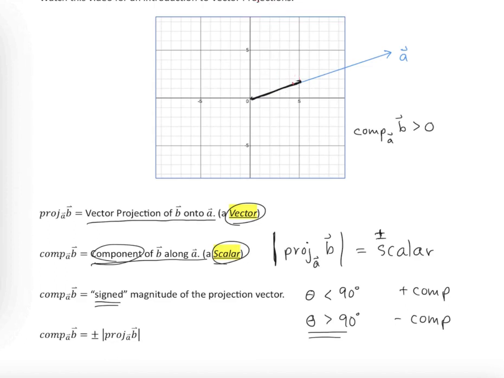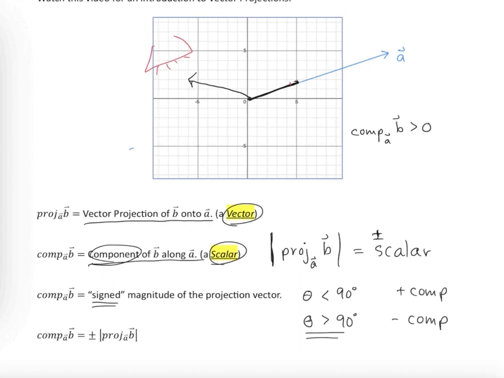But if our vector B was, say, out here, the projection would still be casting a shadow down onto the tip of B. But since A isn't in this direction, we would have to extend it as if it were a floor.